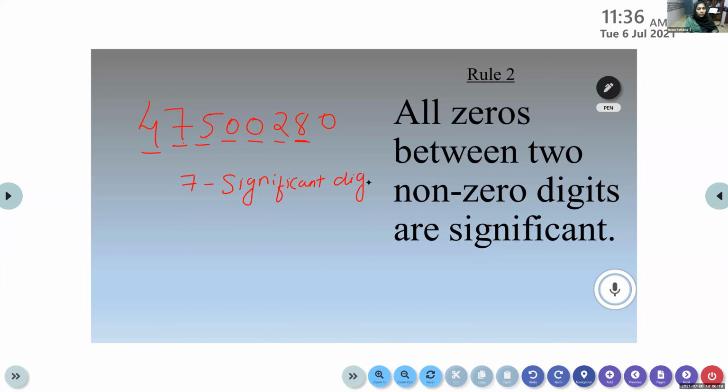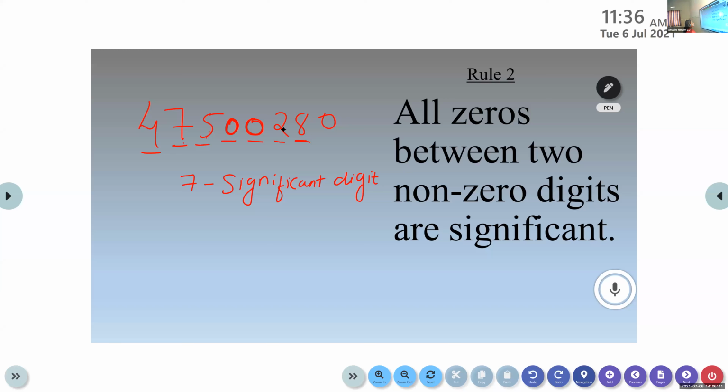Ma'am, why? It is said that between two non-zero digits, so 0 is coming twice. Here this 0 is between 5 and 2. Similarly, this 0 is also between two non-zero digits, 5 and 2. So we can consider it. But ma'am, like 500. Yes.